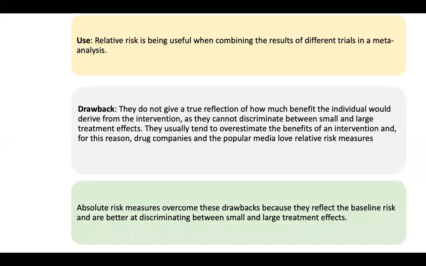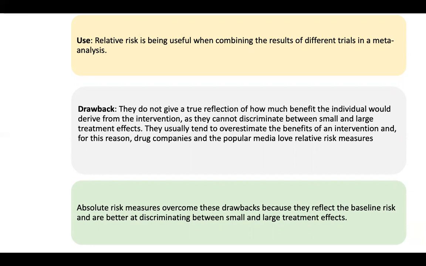Most of the time we use relative risk in meta-analysis studies. There is one drawback: they do not give a true reflection of how much benefit the individual would derive from the intervention, as they cannot discriminate between small and large treatment effects.